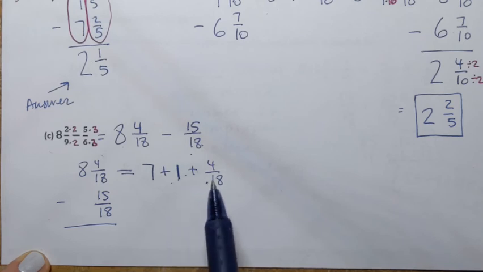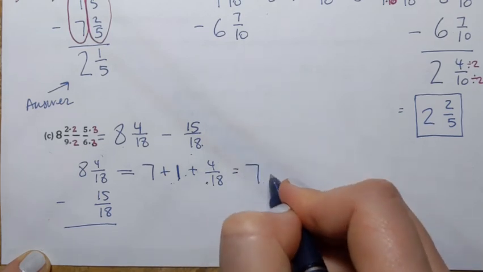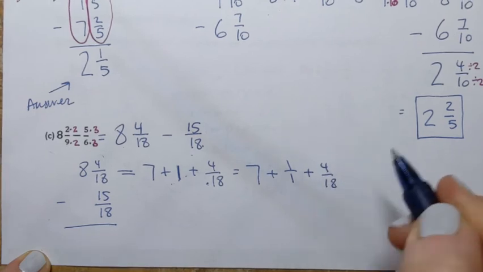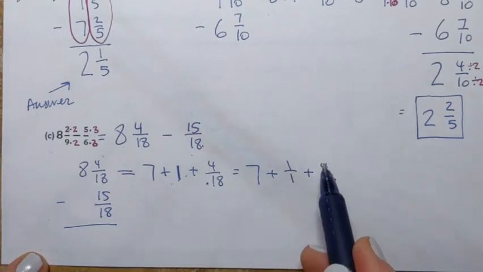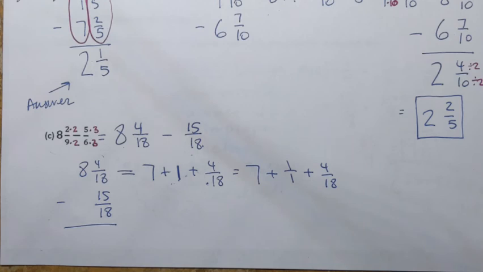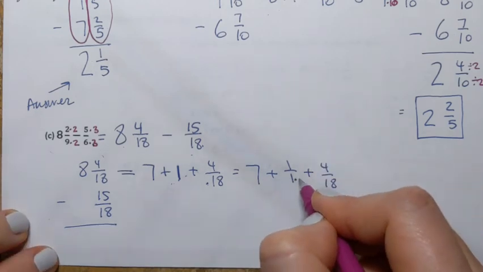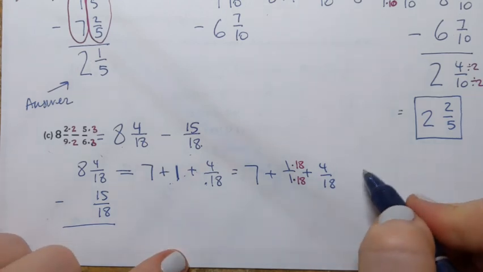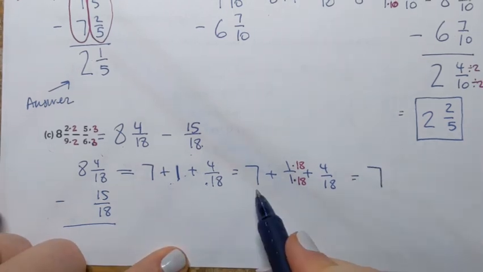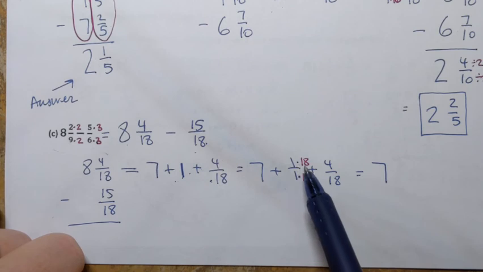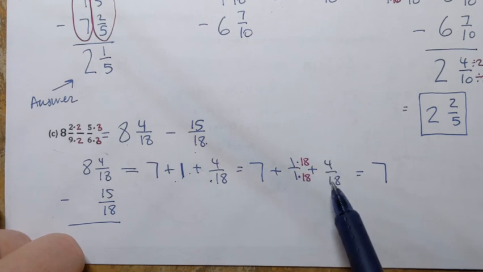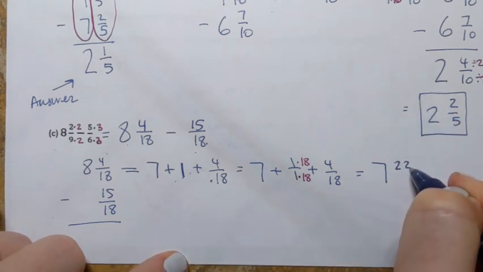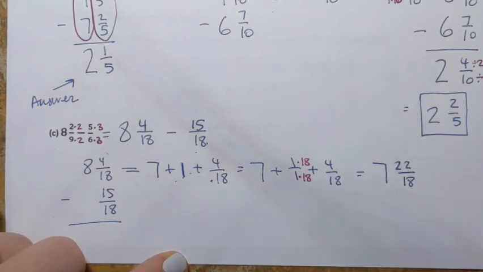To add 1 to the fraction, I will rewrite 1 as 1 over 1. Now to add 1 over 1 and 4 over 18, they have to have same denominator. So 1 over 1 I will multiply by 18 on the bottom and on the top, like that. Now I'm ready to add. So it's 7 right here. And then 18 over 18 plus 4 over 18. So 18 plus 4 gives me 22. And then I'll just keep the denominator 18.